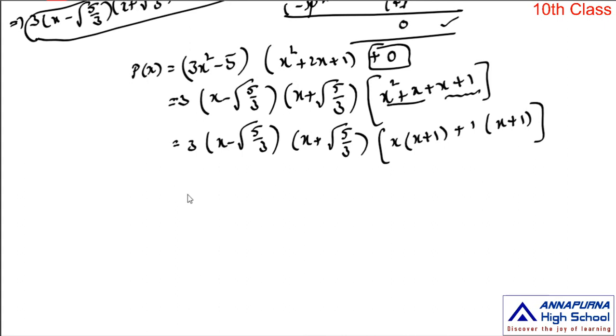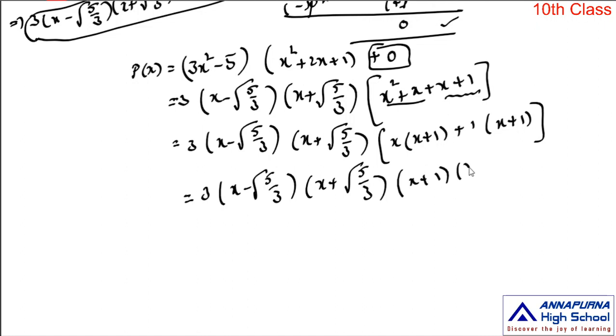It is equal to 3 into (x minus root 5 by 3) into (x plus root 5 by 3) into (x plus 1) into (x plus 1). Okay, so this is equal to p(x), that means the given fourth degree polynomial.